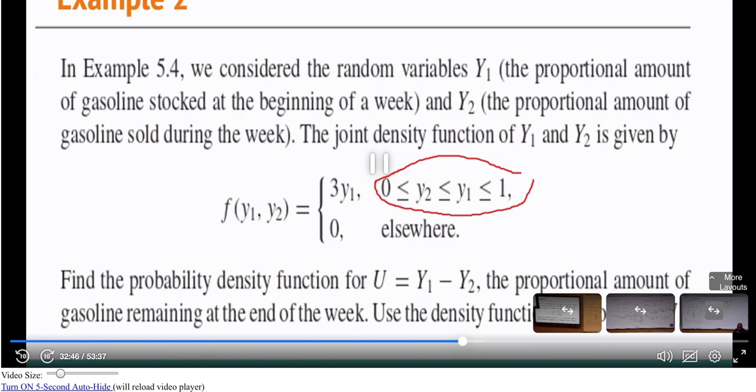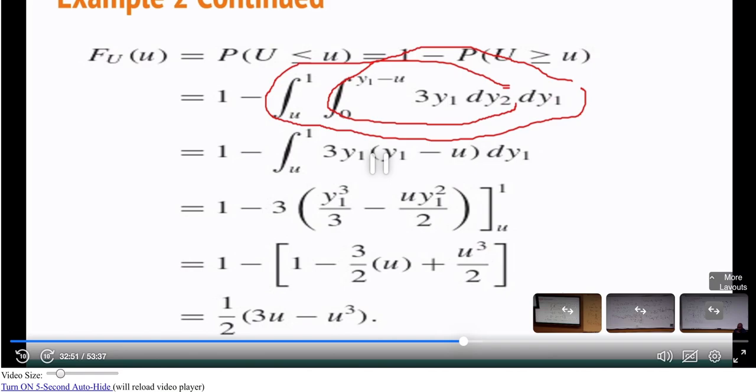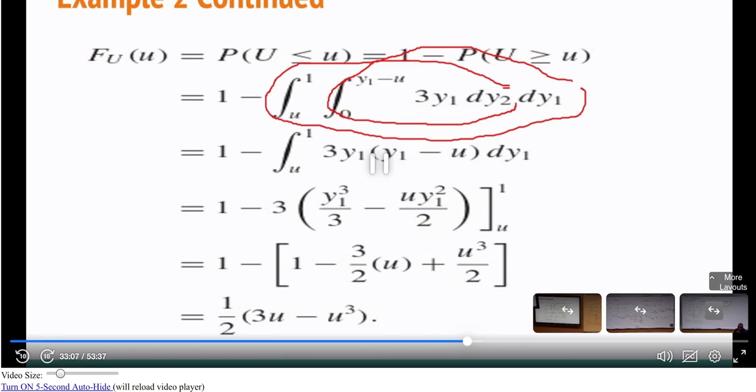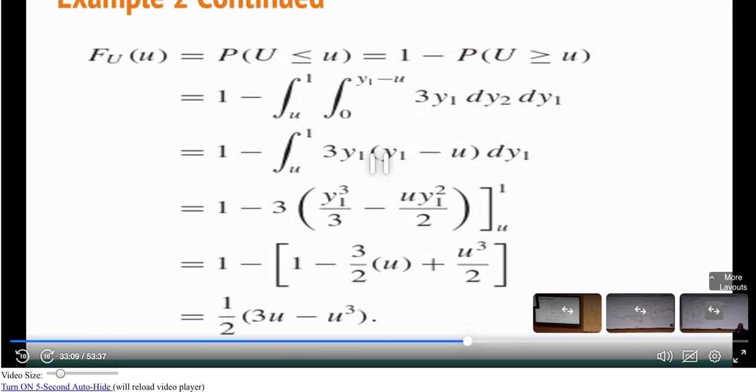But I said something the other time. If you take a look at what I have here, Y1 minus U. If Y2 lies between 0 and Y1, and what about Y1? So if I want to redefine that, take a look at this. This is for that.